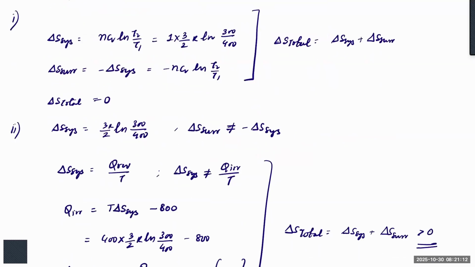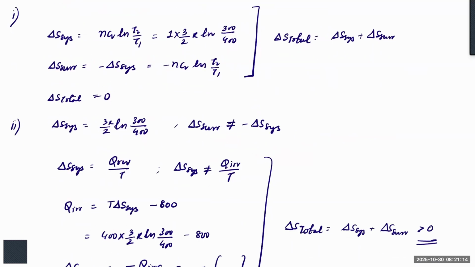Now see the second case, the irreversible one. Delta S of the system, as long as the final temperatures are the same, the value will be the same because these are state functions. Whether you make a reversible change or an irreversible change, the change should be the same. So delta S of the system change should be the same. But delta S of the surroundings is not equal to the system.